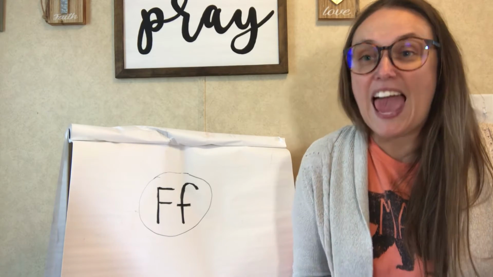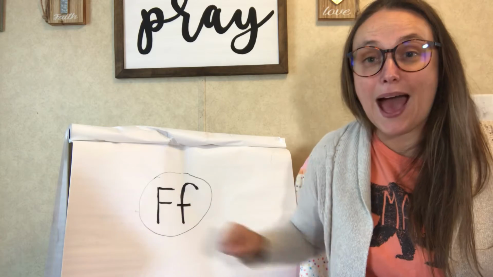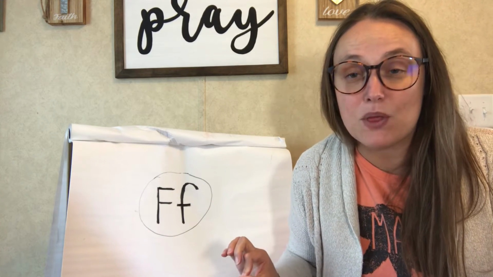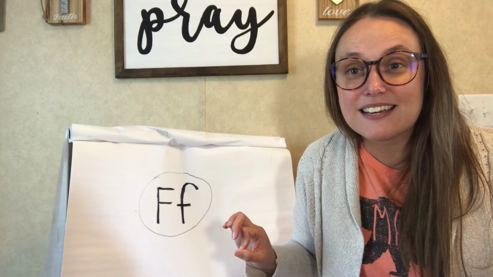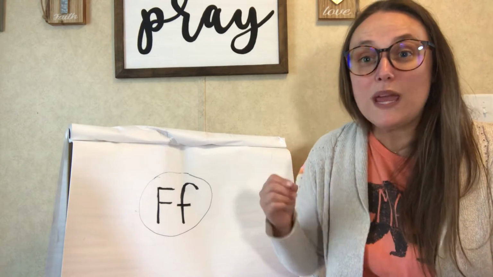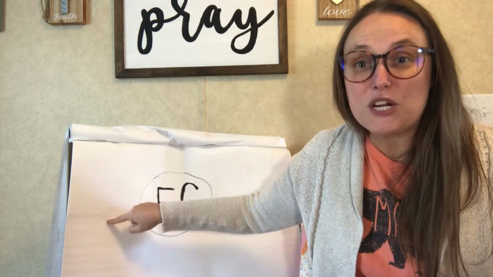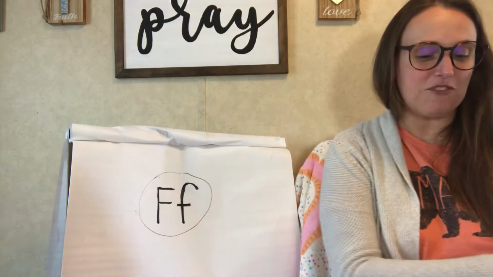So, I'm going to think of some things that start with F, and after I draw them, I'm going to label them. Do you remember what it means when we label something? That's right. That's when we write what we drew. Good job, friends.